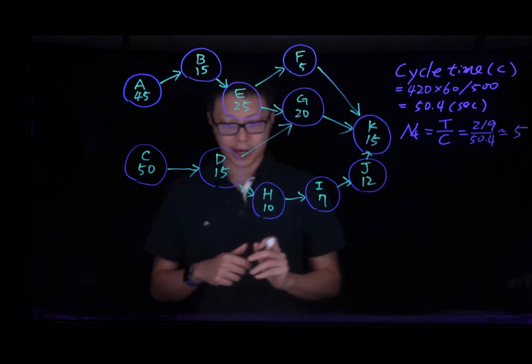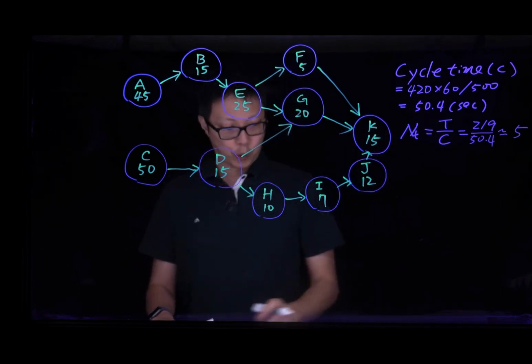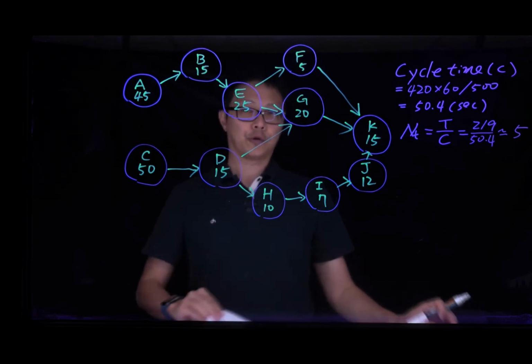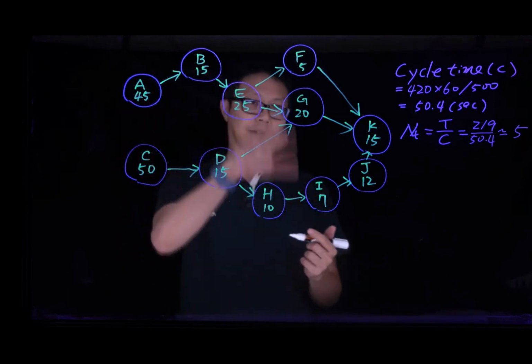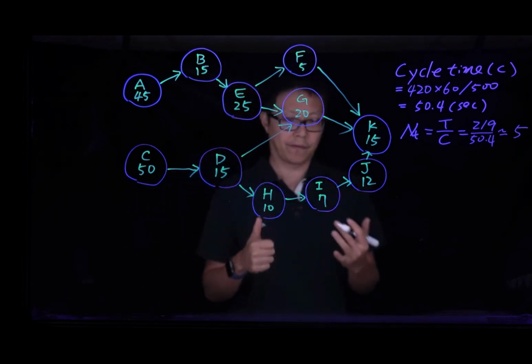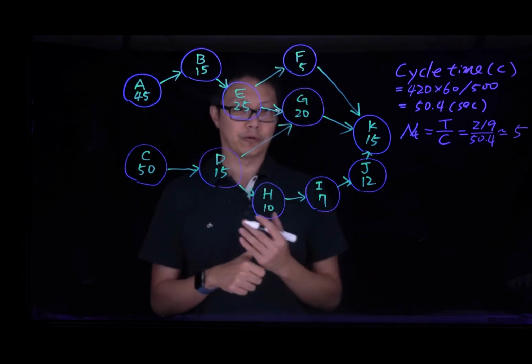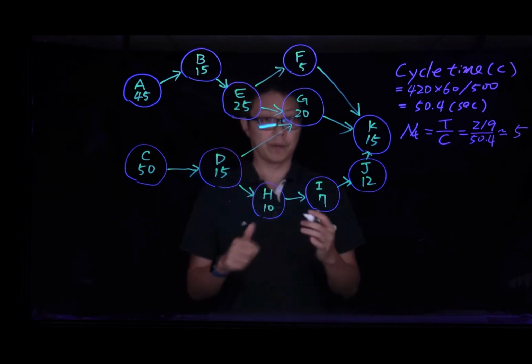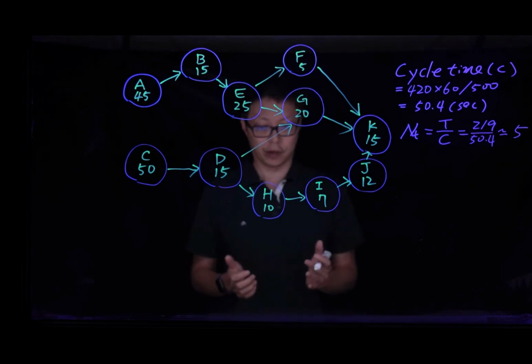Okay? The next thing we want to do is to figure out how to assign those tasks to different workers. We know we probably need 5 or 6 different workers, and we need to know who needs to do what in order to make sure that everybody has approximately the same load.